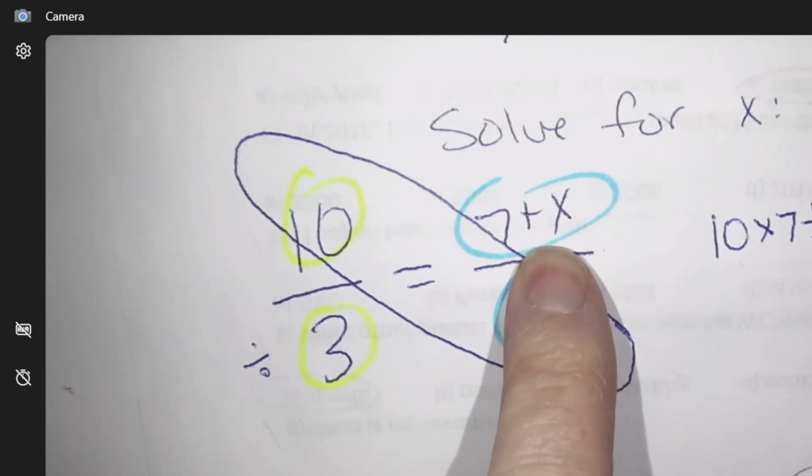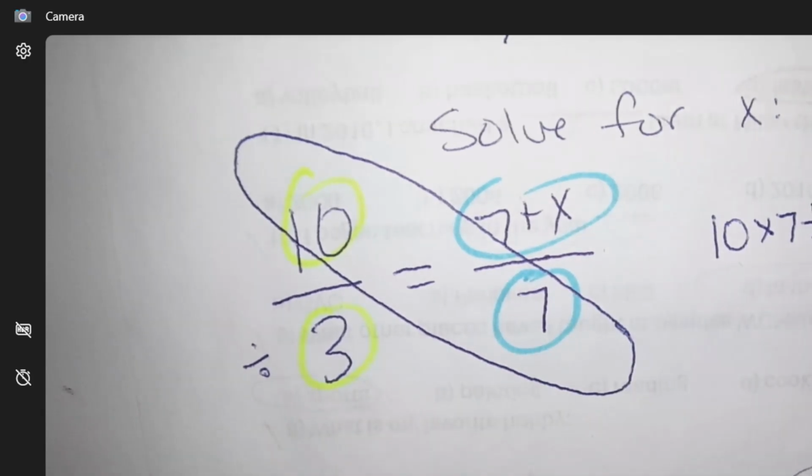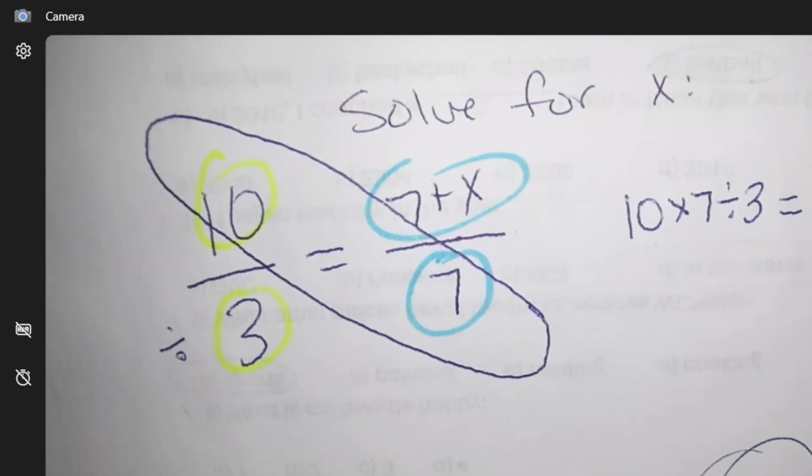But I don't just have x, I have 7 plus x. So normally that's just your answer, but I don't just have a question mark there. I have a 7 plus x there. Does that make sense?